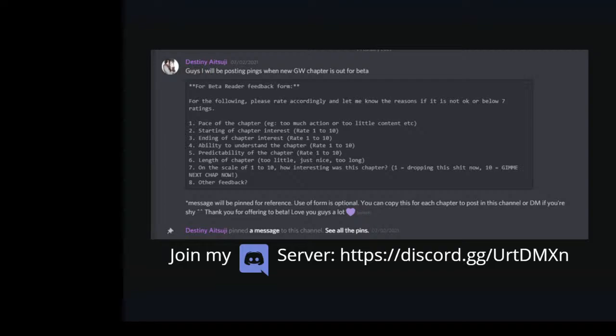On the other hand, if the ability to understand the chapter is like 2, and your predictability of a chapter is like 8, then you've got a lot to work on with the content and how you present the information. So this is why I usually ask the beta readers to rate the things that I want to know. These to me are important.